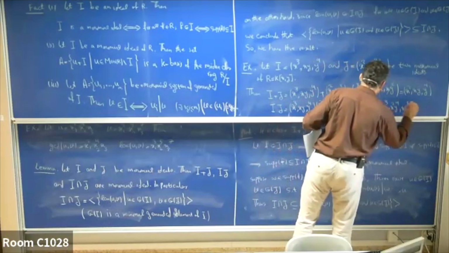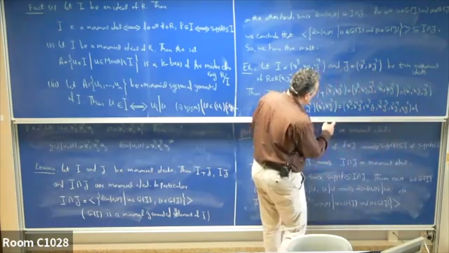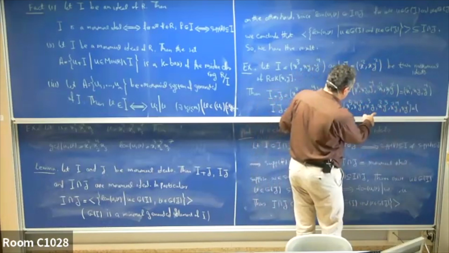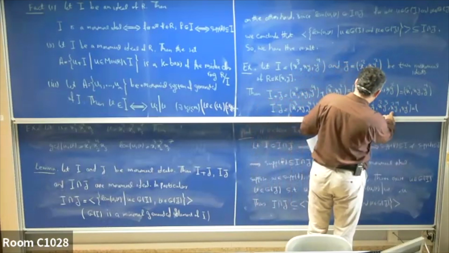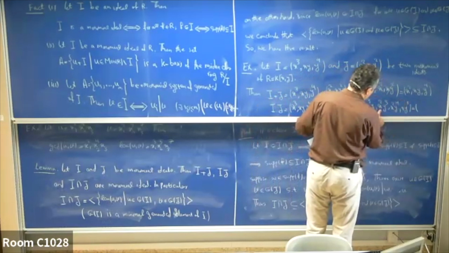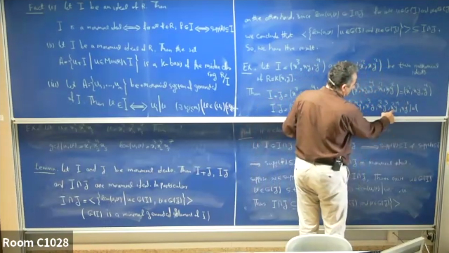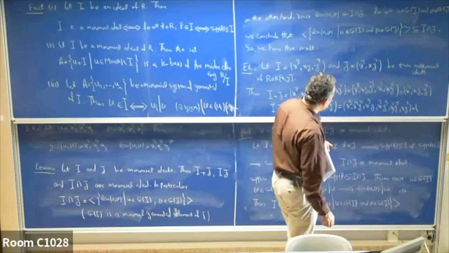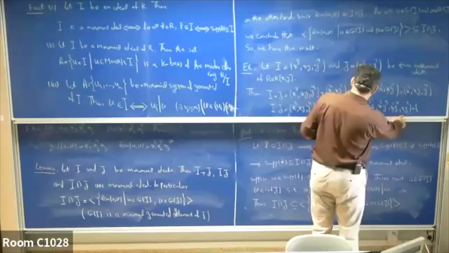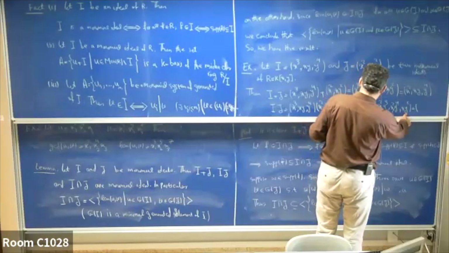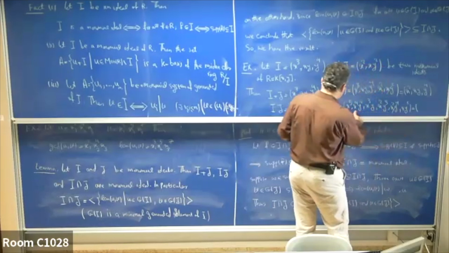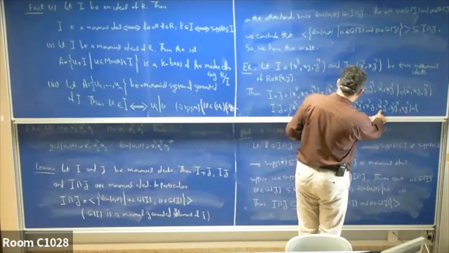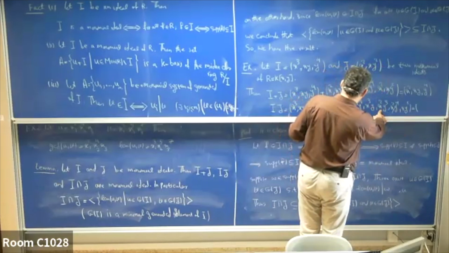Some elements are cancelled. For example, this one is cancelled because it is contained in this ideal. This element belongs to this ideal, and so x^2y^3 and x^3.